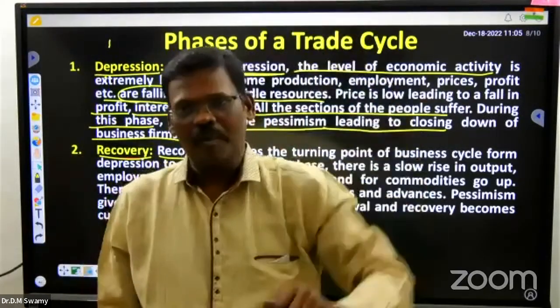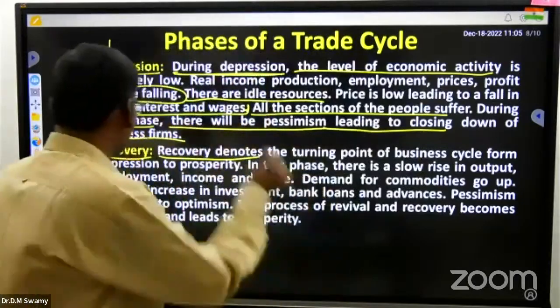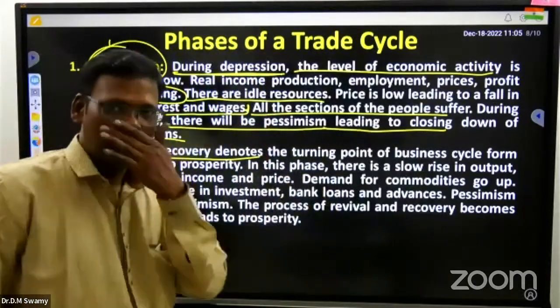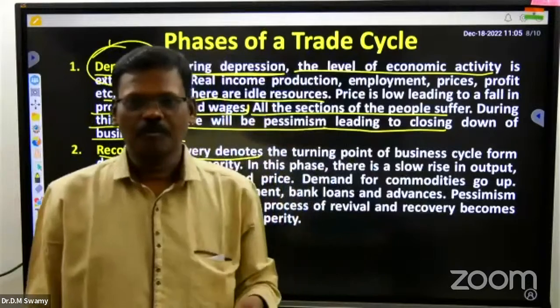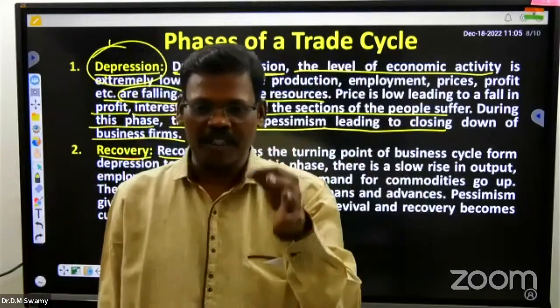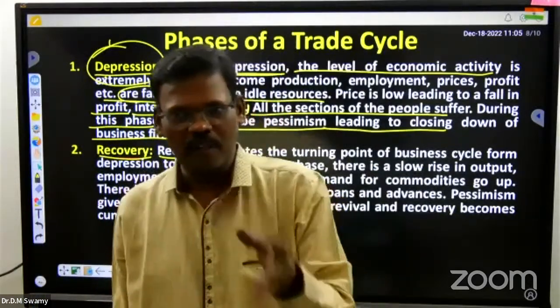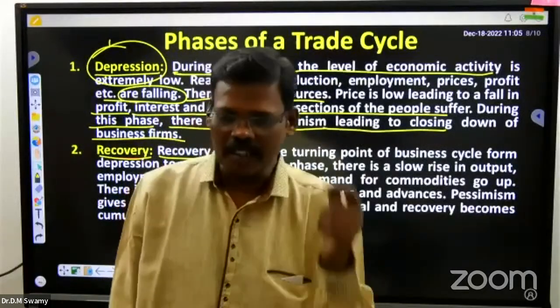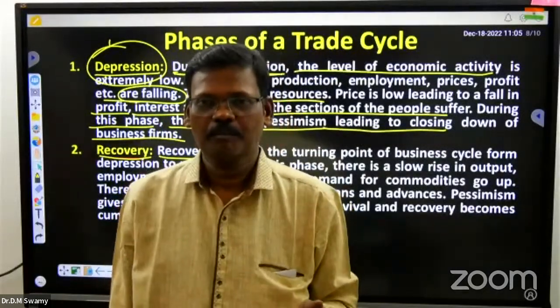When there is an economic crisis, when there is a depression, during this stage the government will get involved and take some important measures. It may be a welfare mechanism and some other measures taken by the government.